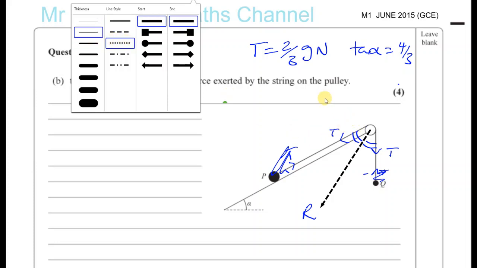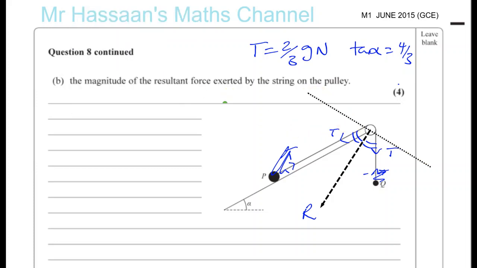going along here, which is perpendicular to the reaction force, then you can think of, if I wanted to resolve this tension in the direction of the resultant force, if you think this is like 90 degrees, if I want to resolve it in this direction, it's going to be T times cosine of this angle. And the same with this will be T times the cosine of this angle here. So we've got to think about, what is this angle here?